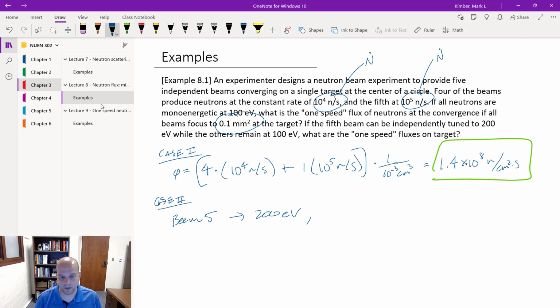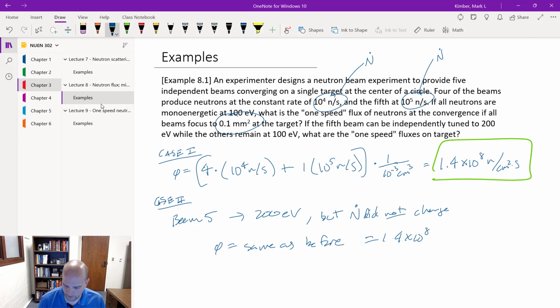And that's really all that we care about. And since that didn't change, this neutron flux is going to be the same as what we found in that first case, neutrons per centimeter squared per second.